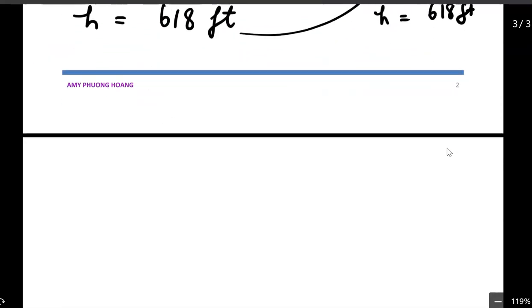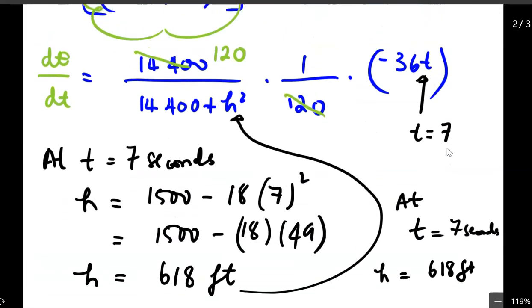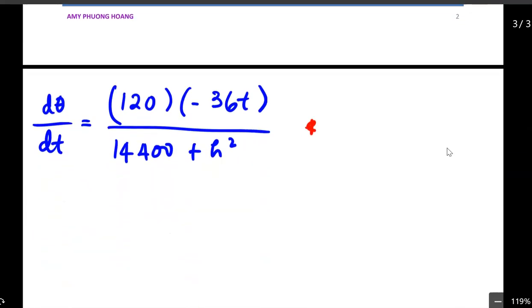So then d theta over dt will be equal to 120 times negative 36t, the whole thing divided by 14,400 plus h squared. So I simplify this equation to write it as this. Just to remind everyone.